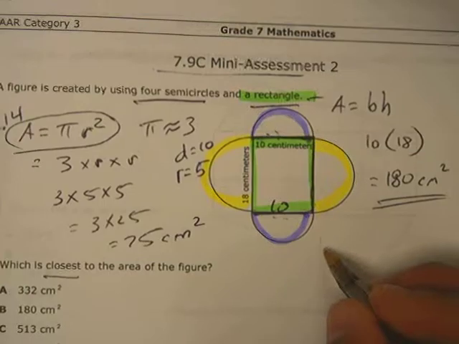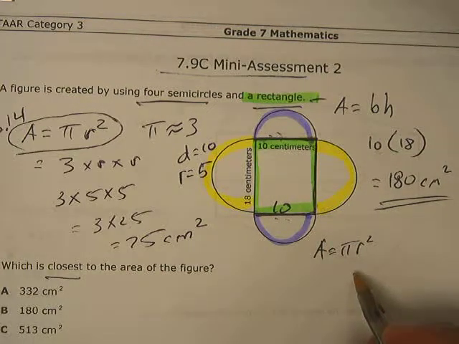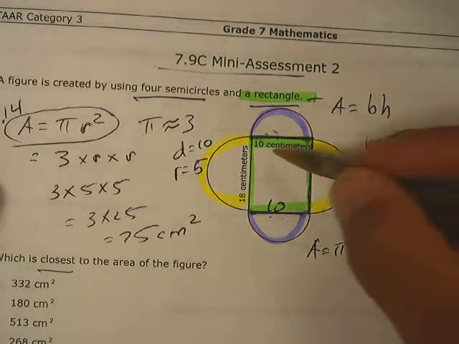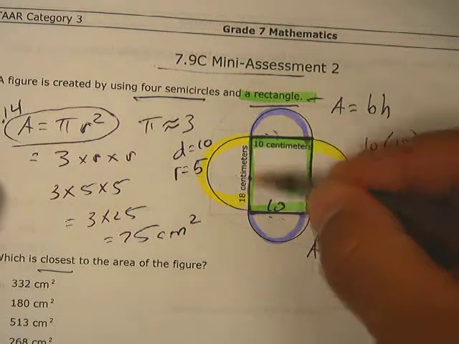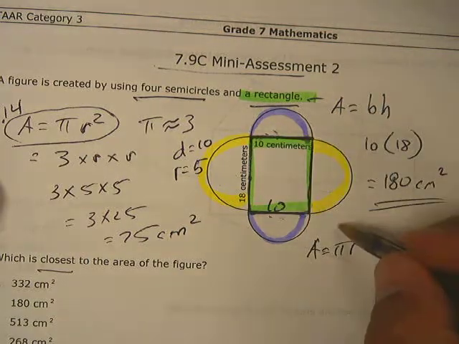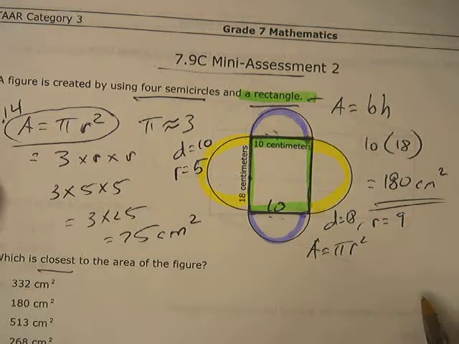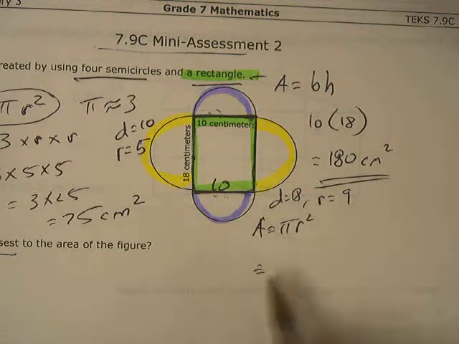That's these 2 guys. Now I need to find this guy. Again, you're going to use A equals pi times radius squared. We need to find the radius first. If it's from one end to the other side and it crosses the center, that's the diameter. So the diameter is 18, which means the radius is 9.